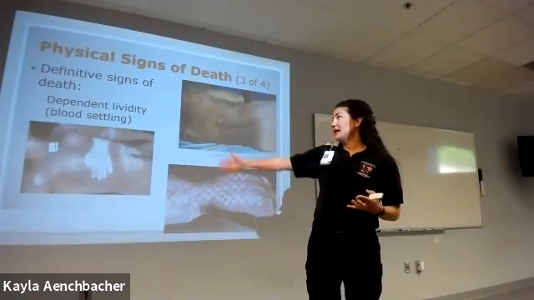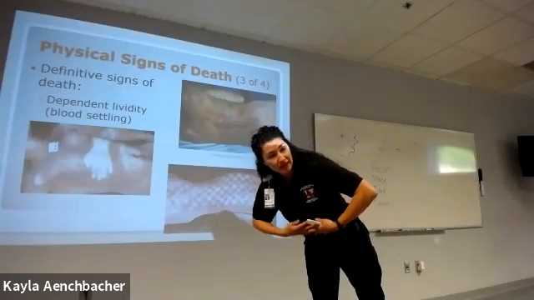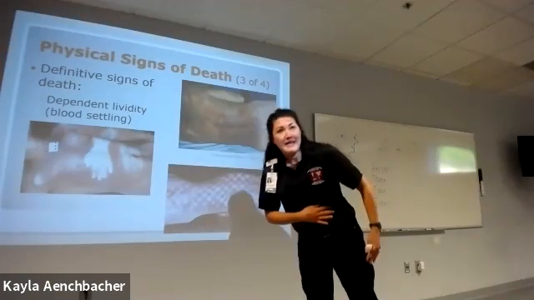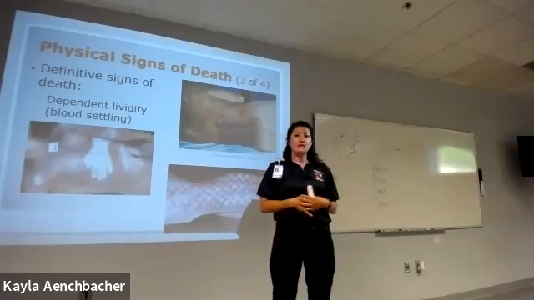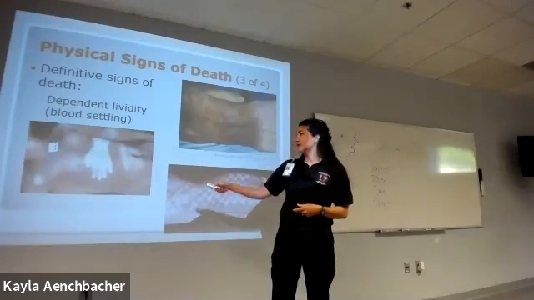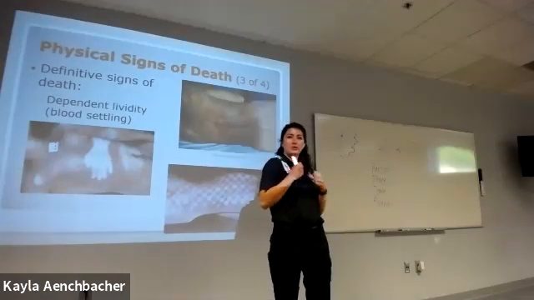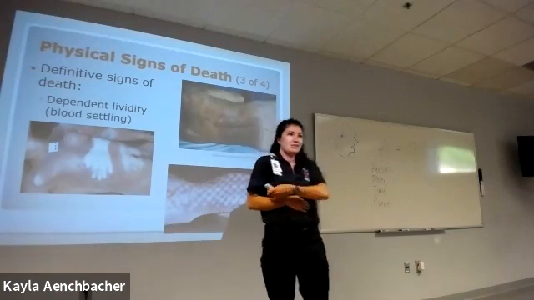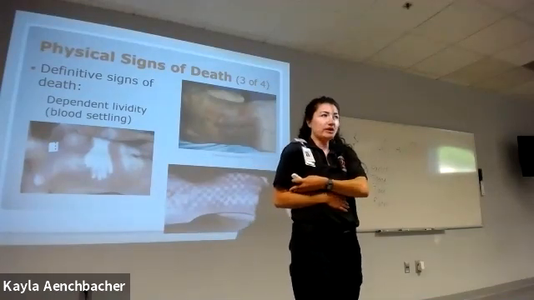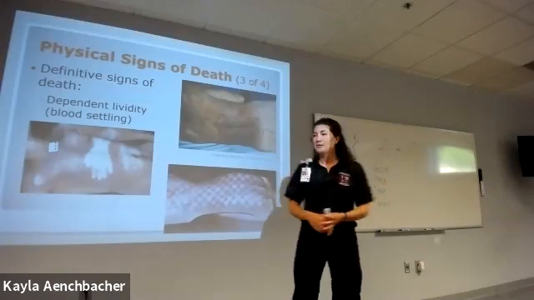So we can indicate this guy was lying face down because the gravity pulled it to the front, the anterior part of his body, and the pressure of that hand being there displaced that blood that was pooling. So that's why it's white right there. You can also see the bend of his elbow, where his elbow was bent, that it prevented that blood from pooling up right there. It's kind of cool in a weird way, okay?